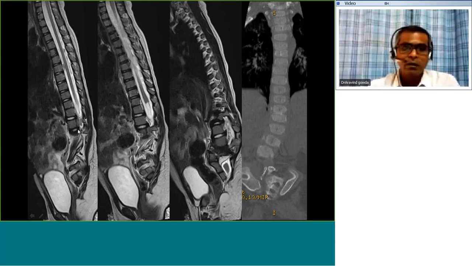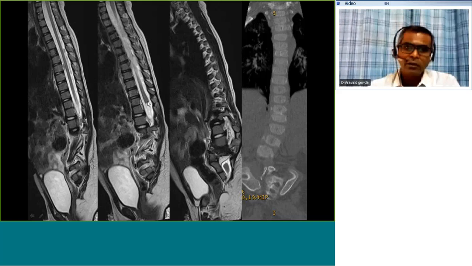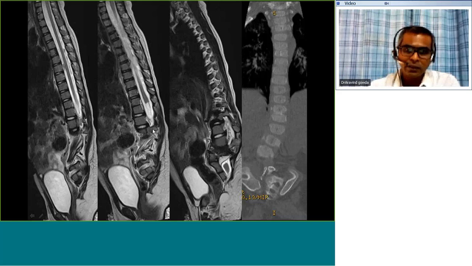You can see the spinal cord is abruptly ending at this level. The spinal cord is club shaped, ending abruptly at the lower thoracic level. You are not seeing the vertebral bodies in between, but you are seeing the spinal cord, and the sacral vertebral bodies you can see.